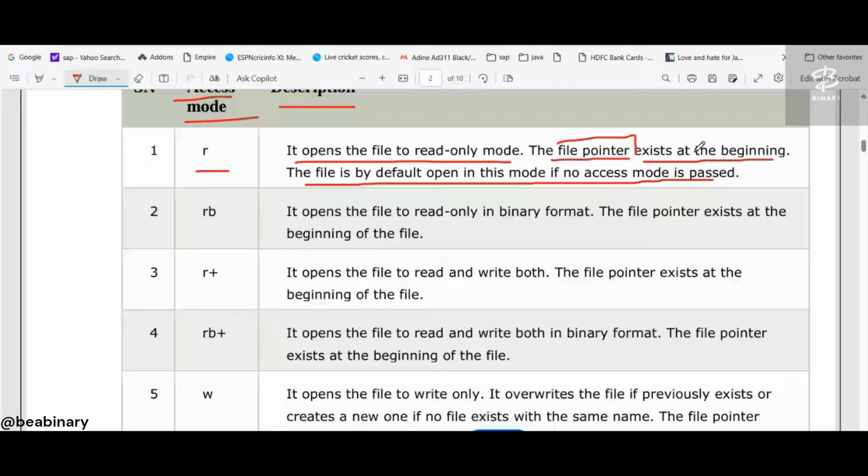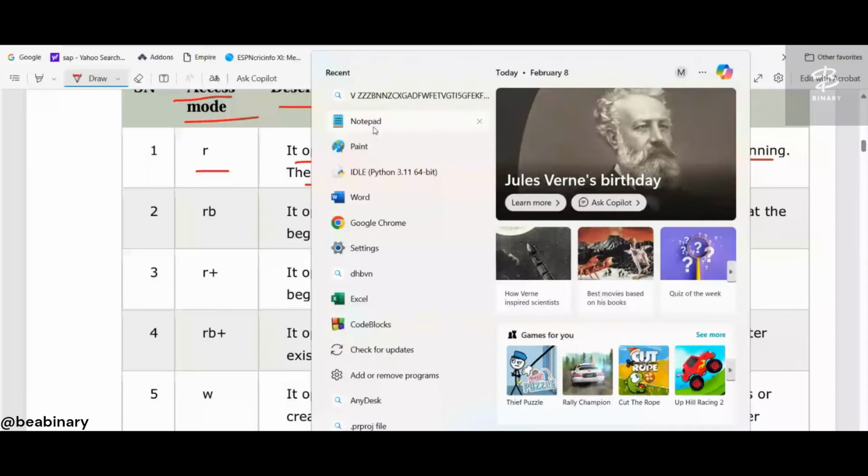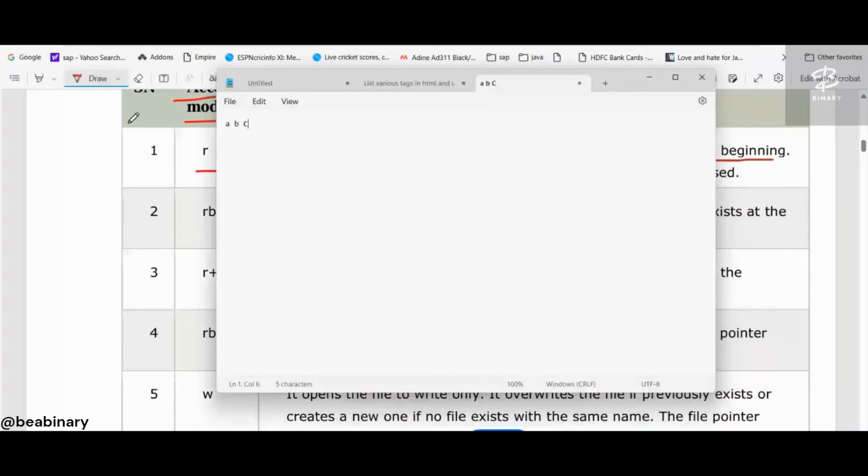For example, this is a file. I will open a notepad file, and for example, I have written A, B, C, and in the next line D, E, and F. Okay, now what is the meaning?